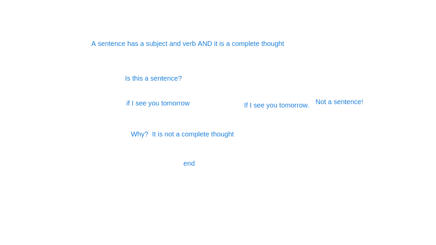Does anybody have a question about that? No. No, teacher. Okay, good. So here's a good example of how we can create a complete sentence with this one. If I see you tomorrow, I'll be so happy, right? So now we have a complete thought. So this is now one sentence, okay?